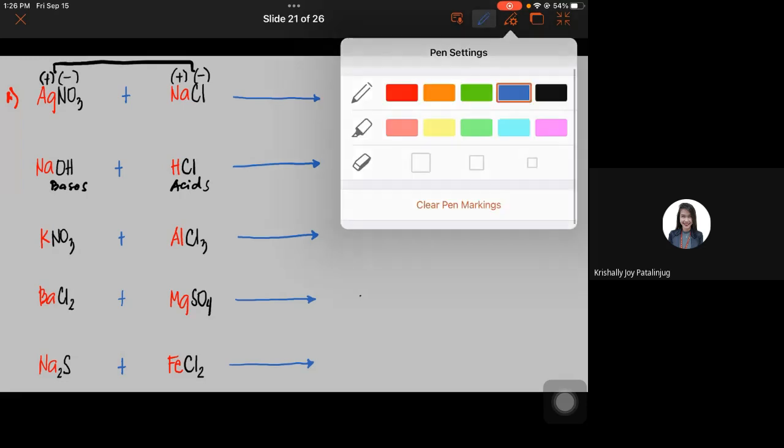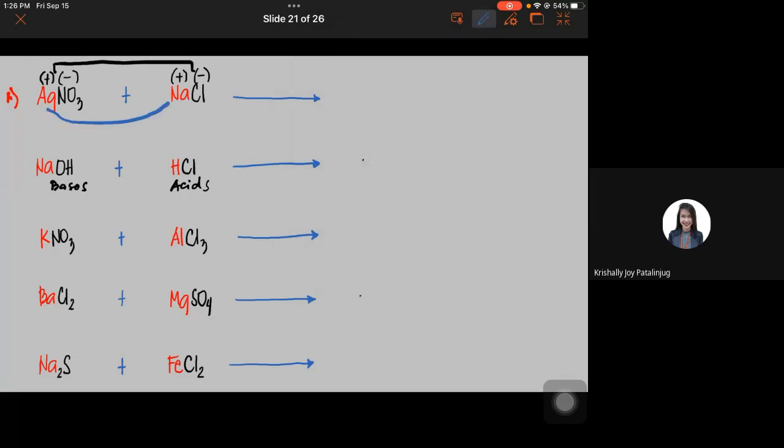What did I tell you? When it's double displacement, you switch the ions. You can focus on the cations. You switch the position of the cations. Then you can predict the products. You can answer what are the possible products for this chemical equation number one. So meaning to say, in replacement of silver here, you now have sodium.